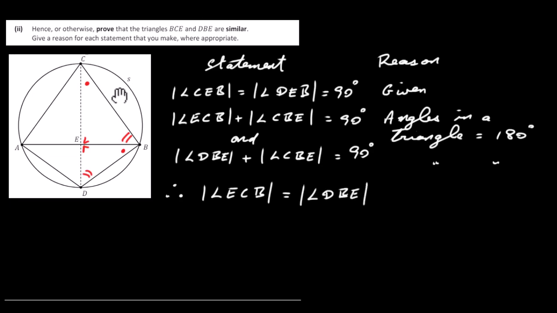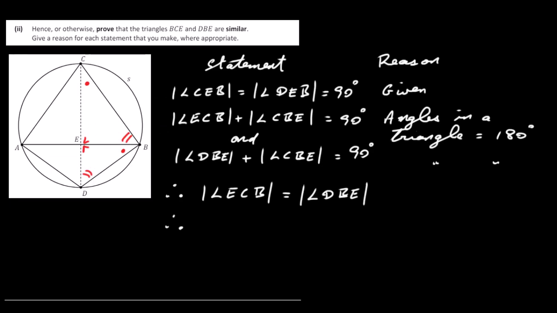So ECB, this angle here, must be equal to DBE, this angle here, and I already marked them in as being equal. Dot here and a dot here. So if this is 90 degrees and this angle here is equal to this angle here, and we have a 90 degree as well, these two angles here must be equal. But you can write that out as well.